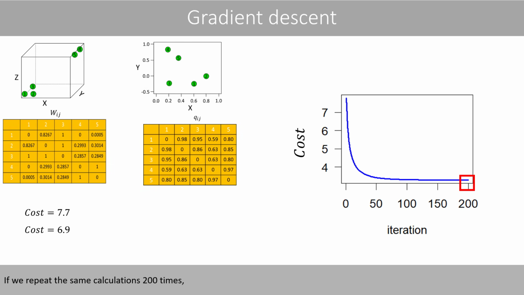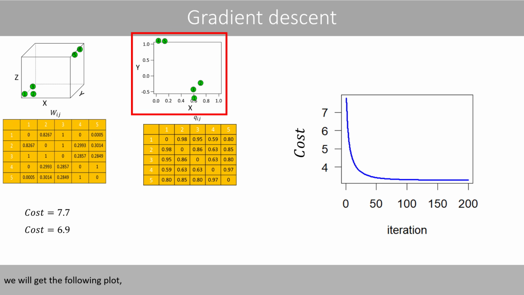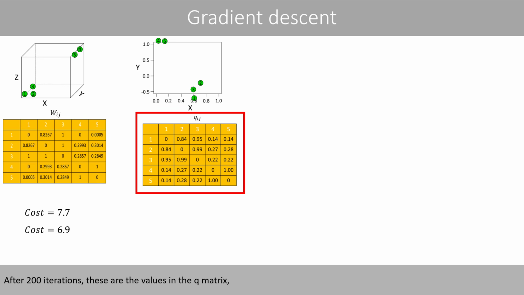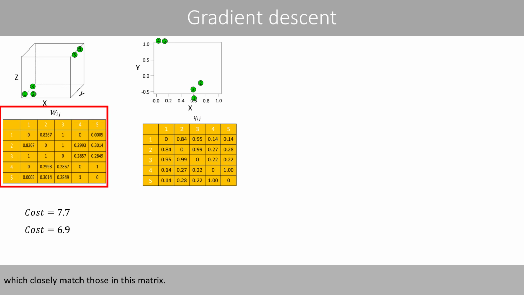If we repeat the same calculations 200 times, we'll get the following plot, which closely resembles what we see in the high-dimensional space. After 200 iterations, these are the values in the Q matrix, which closely match those in this matrix.